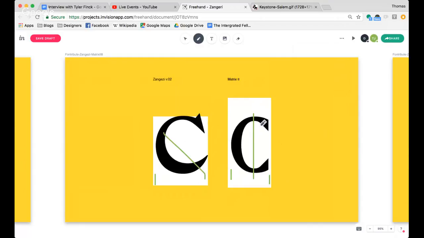Also, both have these kind of angular serif treatments, but Zangezi, first of all, has a sheared, angled approach on this one, and also this kind of spur energy, the spur kind of serif on the top, which is much more dramatic. It's like it takes some of the thinking of Matrix, but really takes it to 11, like really amplifies it, which I think is really fun, really exciting. So I just want to take a note to just show this with the capitals so far.